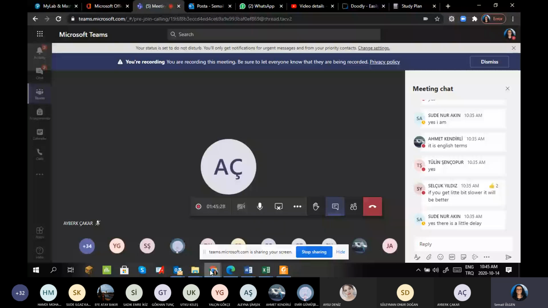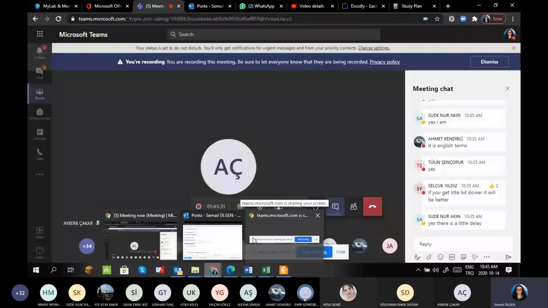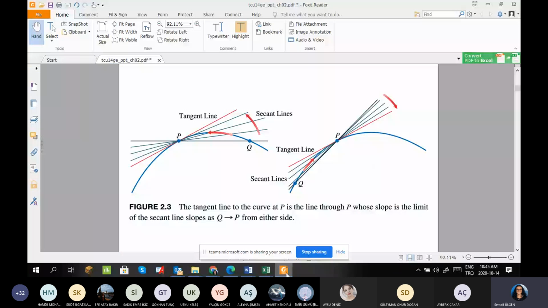Our main goal, you remember, was instantaneous velocity or speed, and this instantaneous speed is actually related to the tangent line.